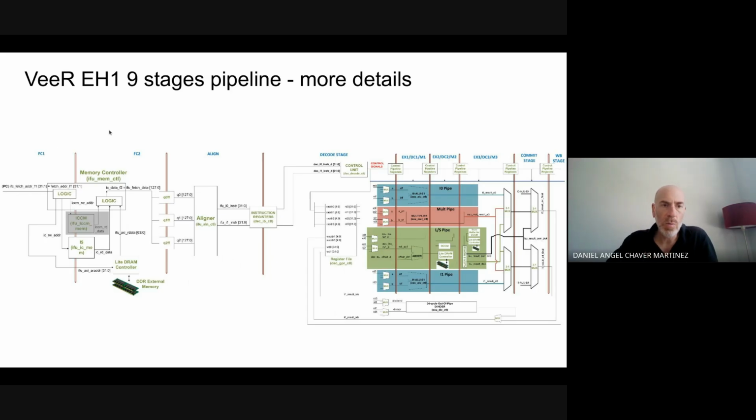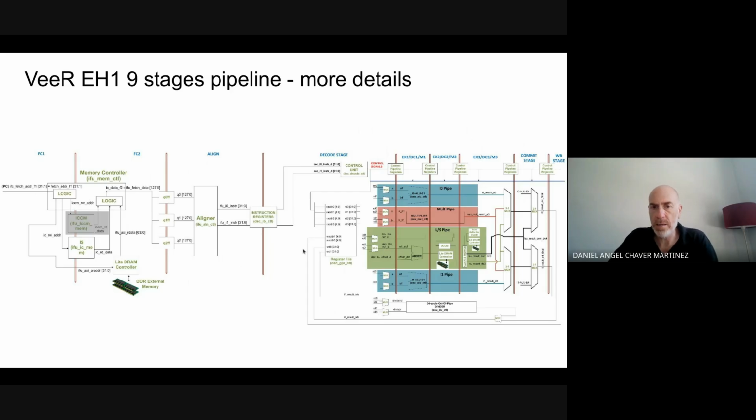So we see 1, 2, 3, 4, 5, 6, 7, 8, and 9 stages of the processor called FC1 and FC2. These are the 2 fetch stages. Align, which is the alignment stage. We'll see what each stage does later. This is the decode stage.